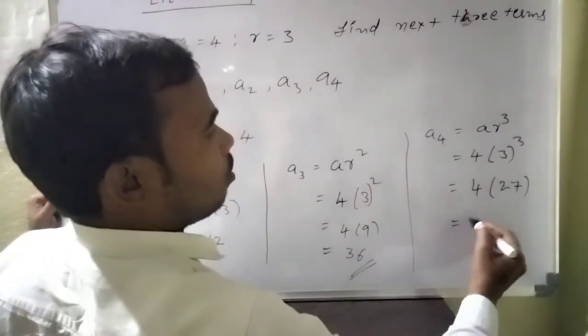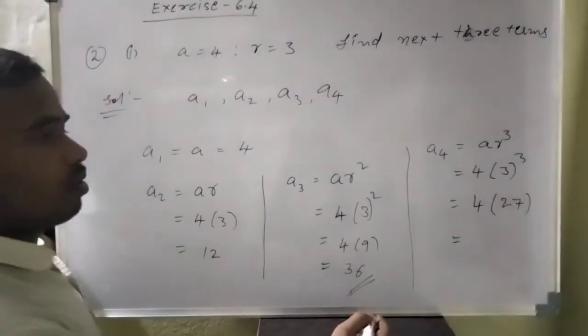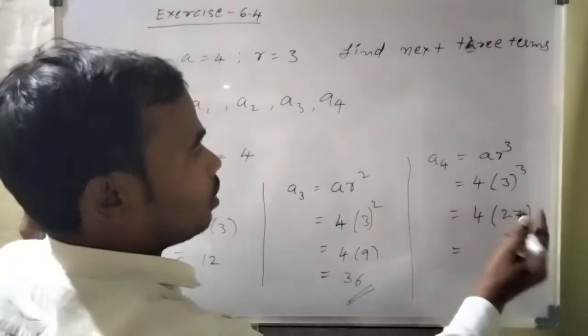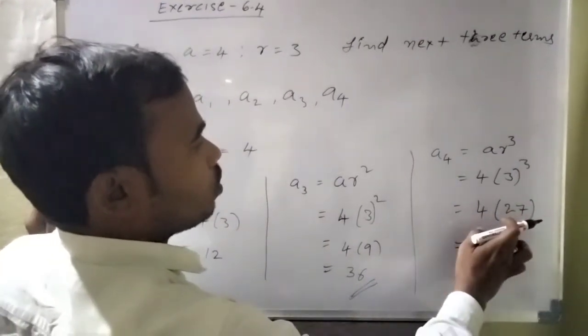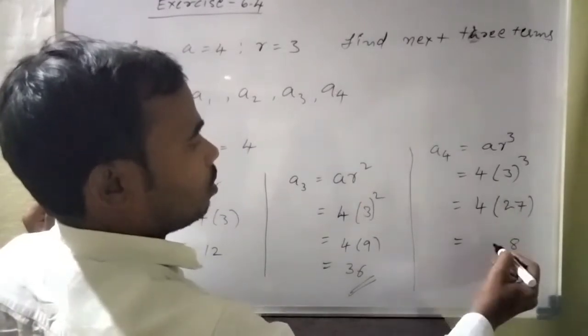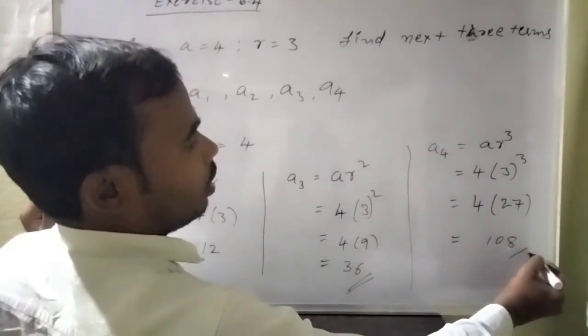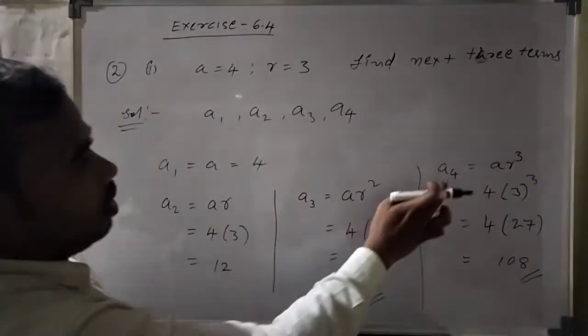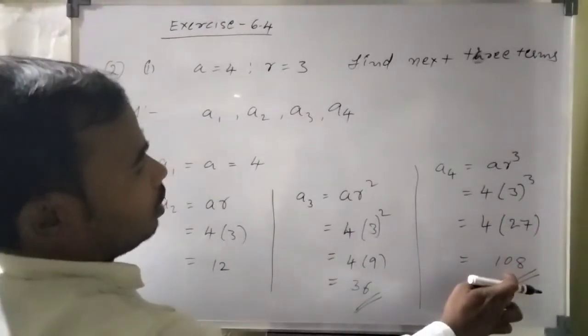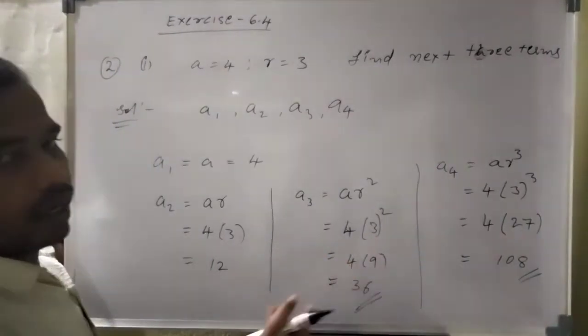Now 4 into 27: 4 sevens are 28, so 8 and 2 carry, then 4 twos are 8, 8 plus 2 is 10. So 108. So a2 is equal to 12, a3 is equal to 36, a4 is equal to 108. So these are the next 3 terms.